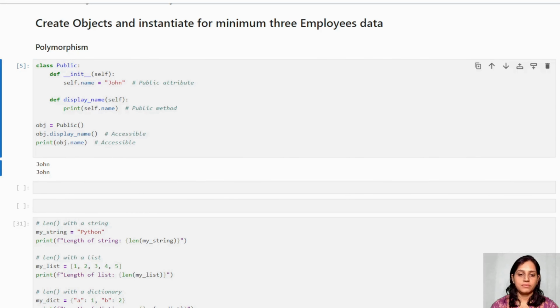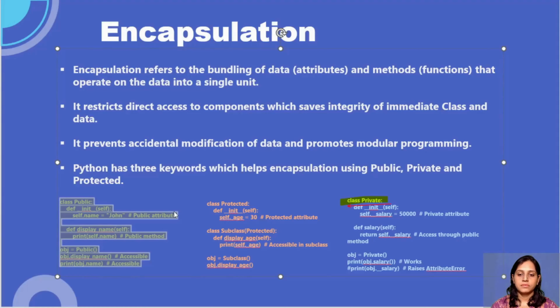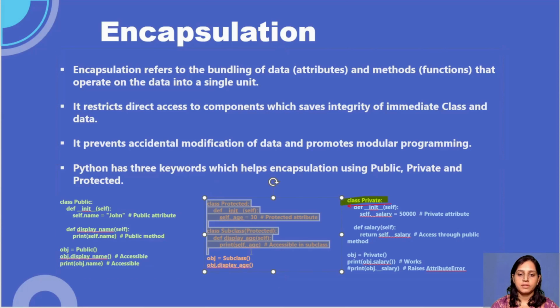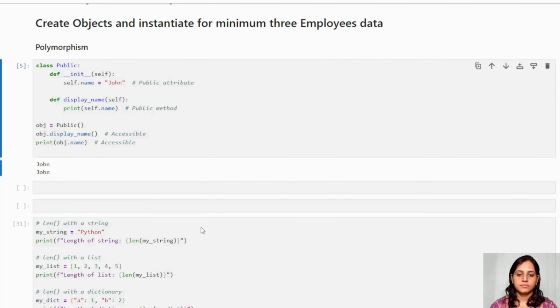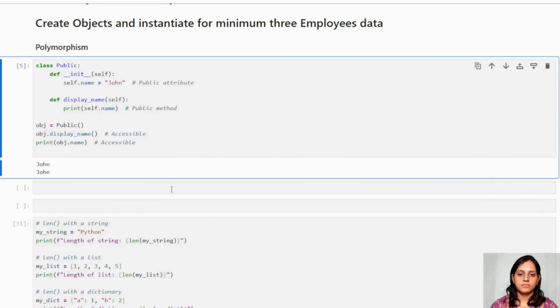Okay. Now let us go back and take another example. We have completed the public one. Now we will understand the protected one. Now let me copy this. Let me do one thing. Let me copy all and see how it works. Let me put it here.